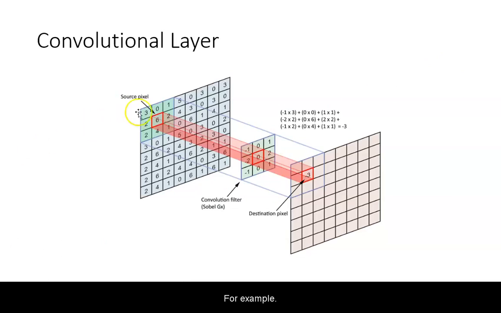For example, suppose my local receptive field is what is represented here in green, and imagine this is my kernel or filter.